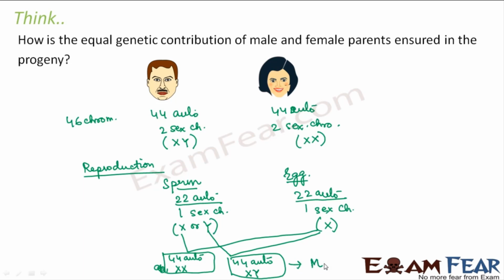So this will give rise to a male child, and that will give rise to a female child. That is how we can say there is equal genetic contribution, because the total number of chromosomes is 46 in any human being, and it is contributed equally by both parents, 23 from father and 23 from mother.